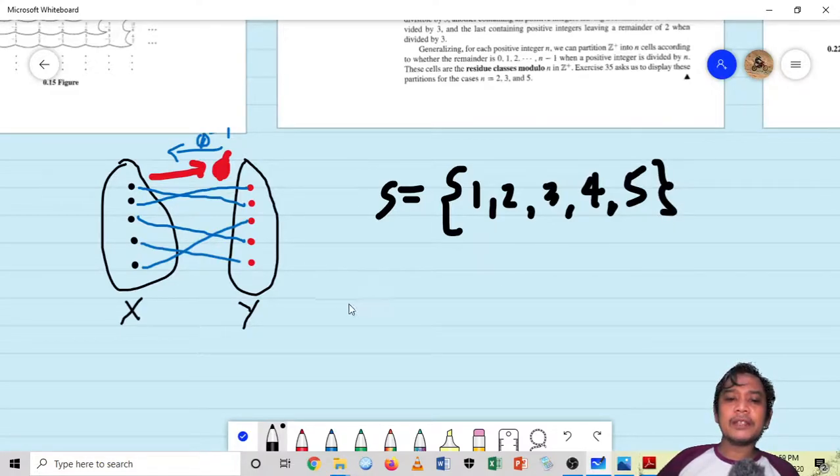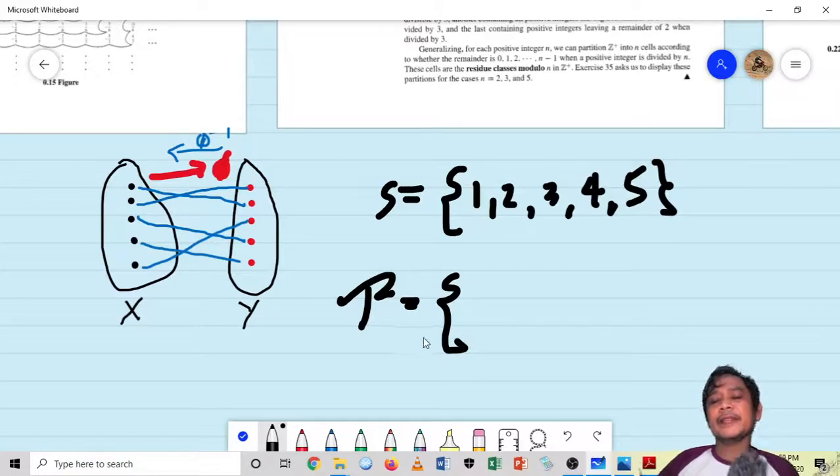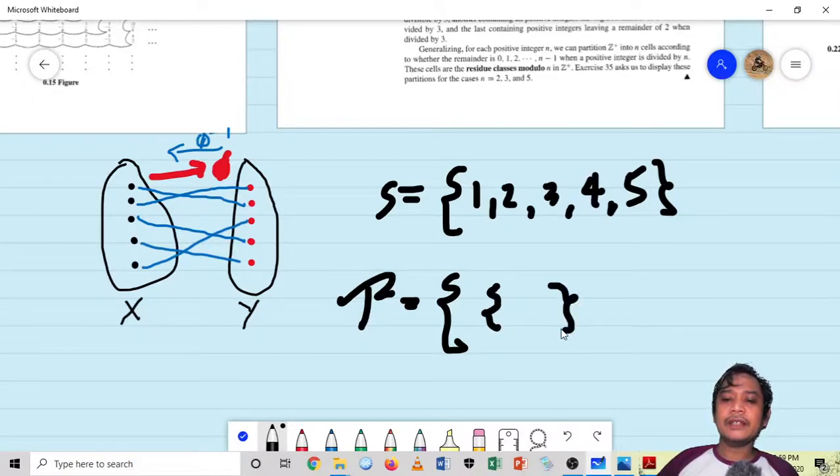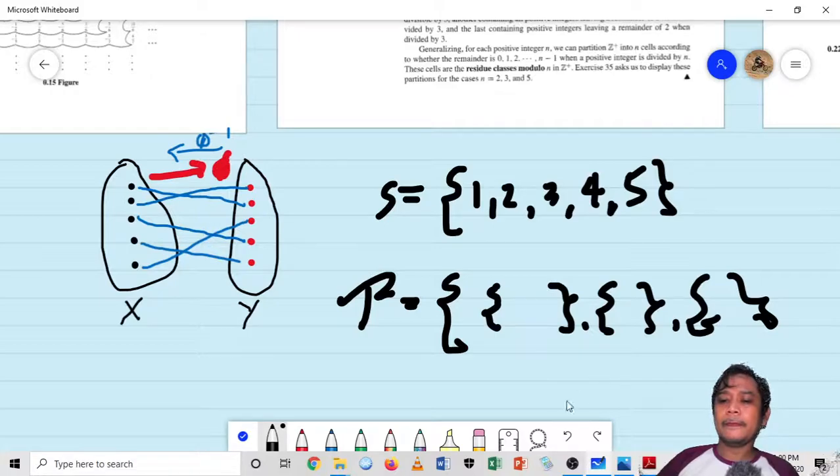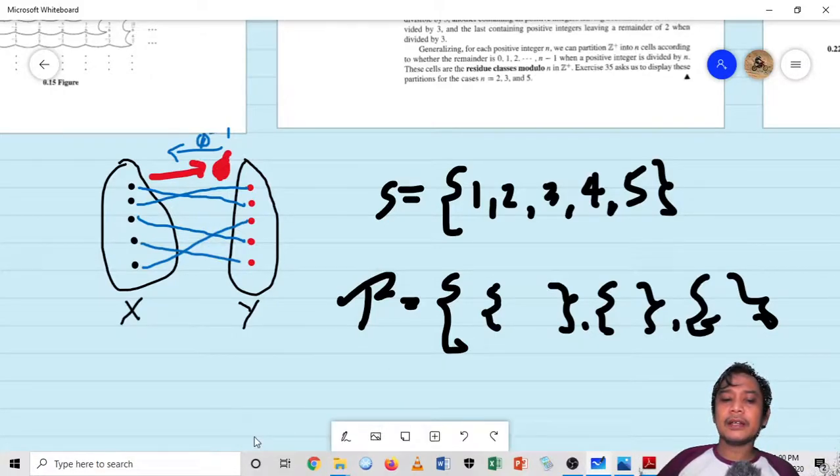If we are to take a partition P of S, and we want that partition to have, let's say, 3 cells, meaning we would subdivide the elements of S into 3 cells. So I have made 3 pairs of brackets.